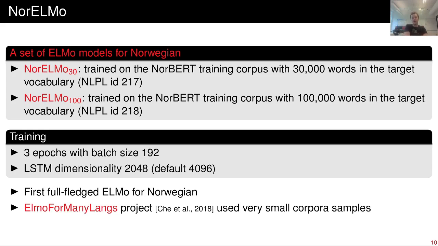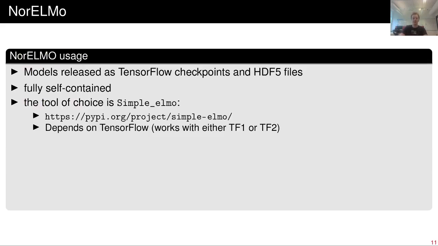Importantly, these are the first full-fledged ElMo models for Norwegian. A couple of years ago, the ElMo for Many Langs project released a bunch of ElMo models for different languages, including Norwegian, but they used very small corpora, and in our experience, these models underperform in semantic-related tasks. The NorELMo models are released as TensorFlow checkpoints and as HDF5 files.